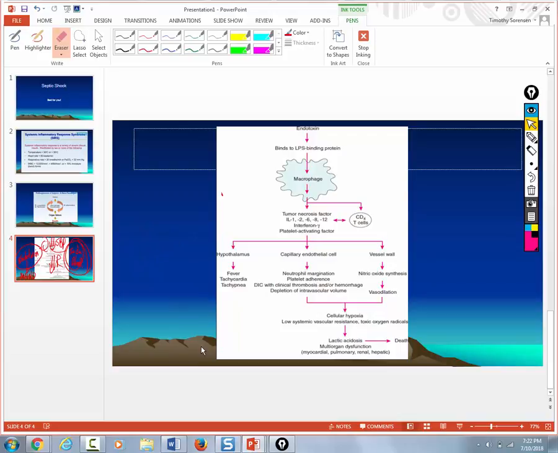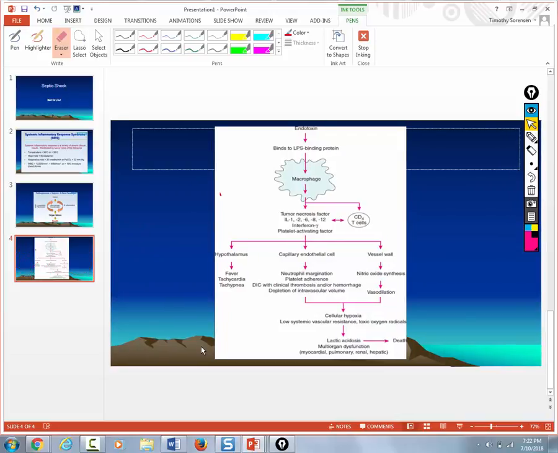Okay. Just so you know, I did my due diligence, and I found this to be the best little flow chart to explain septic shock.